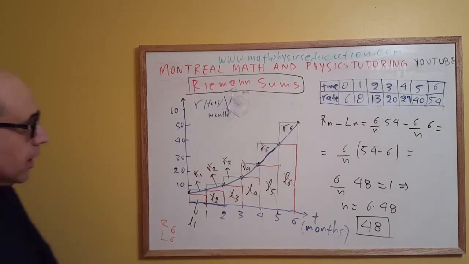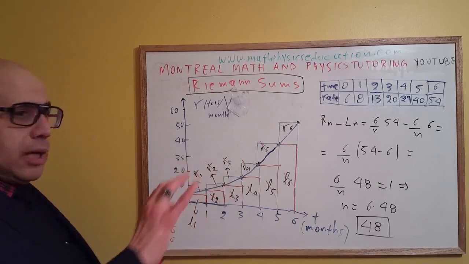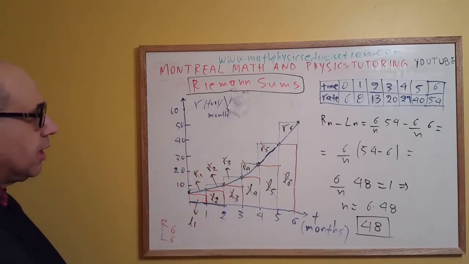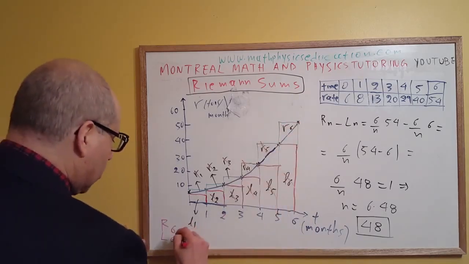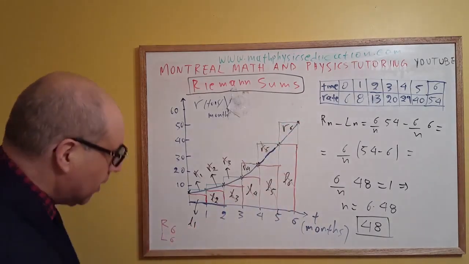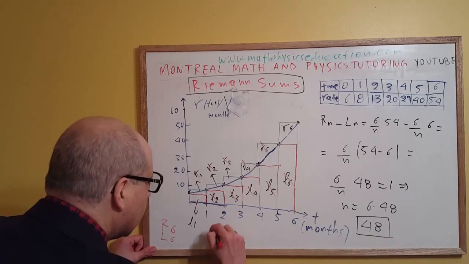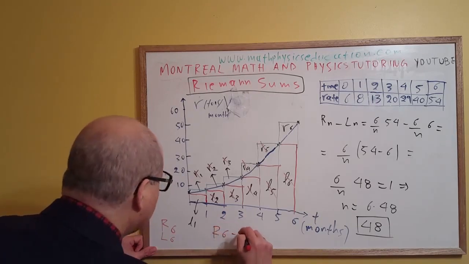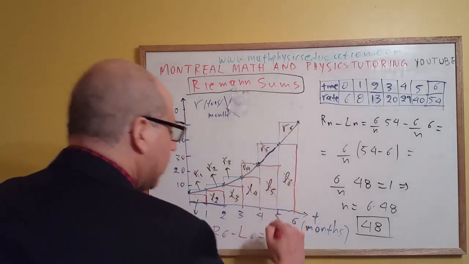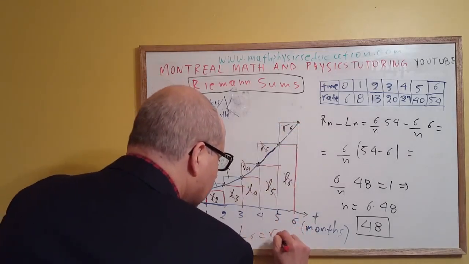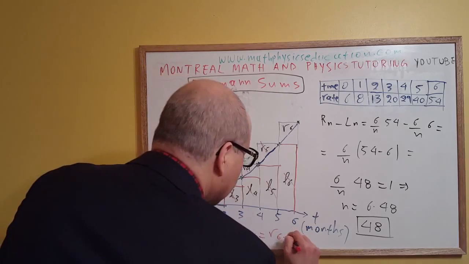So you see that the only ones that will remain when you take this difference will be this. So if you take R6 minus L6, that will be equal to R6, lower R6, minus L1.